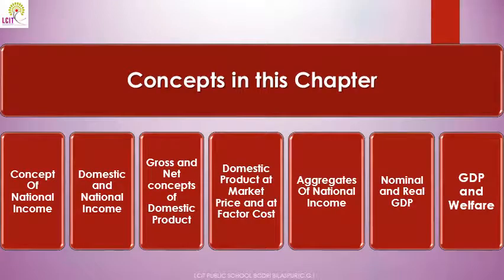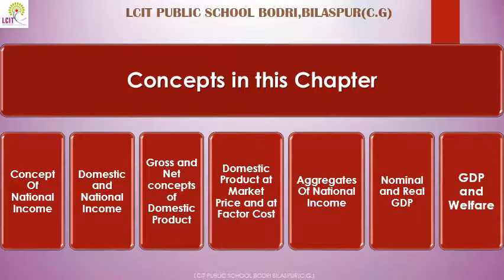In this chapter, let us see what are the concepts we are going to learn. The concepts are the concept of national income, what it is all about, then national and domestic income, what is the difference between domestic and national income, then gross and net concepts of domestic product, the basic concepts of domestic product, then domestic product at market price and at factor price.